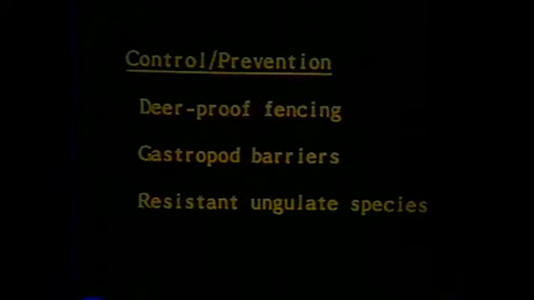So we've had virtually no problems with this disease with Eld's deer or Père David's deer. They seem to be resistant, and those are the ones that are put into the areas where we have the higher incidences of this parasite.